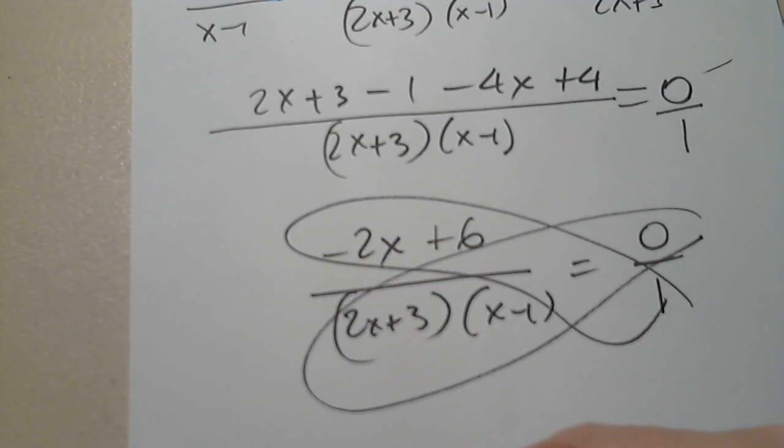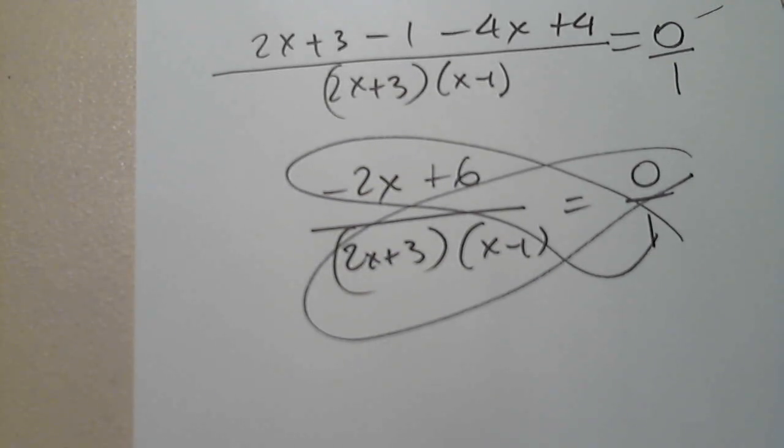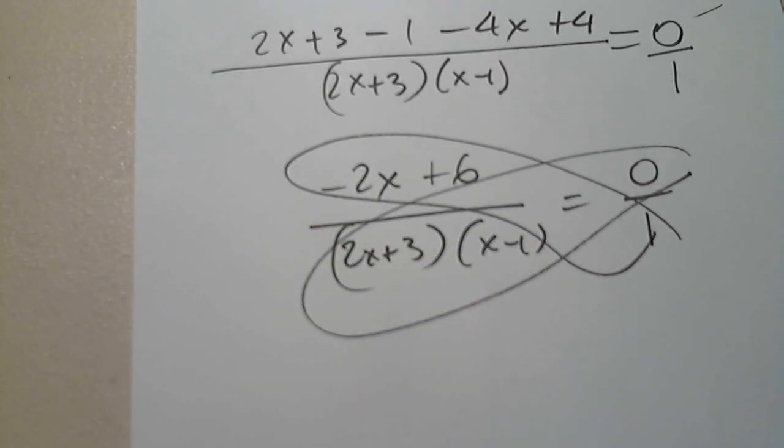So from here, what do I write? So let's cross multiply. What do you need to write next? Anyone would like to give it a try, please?